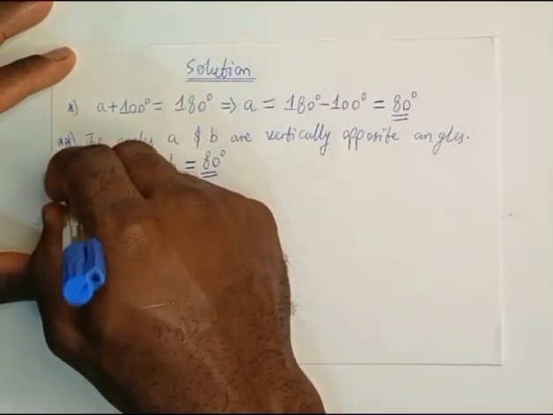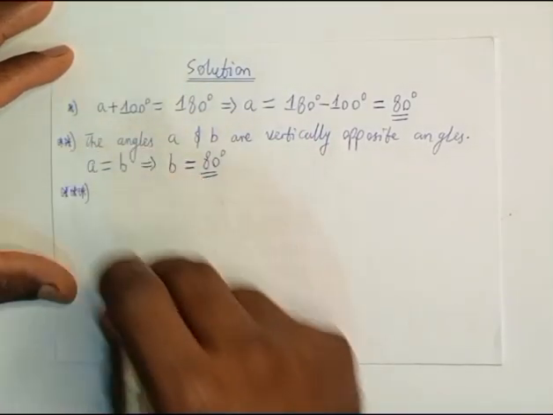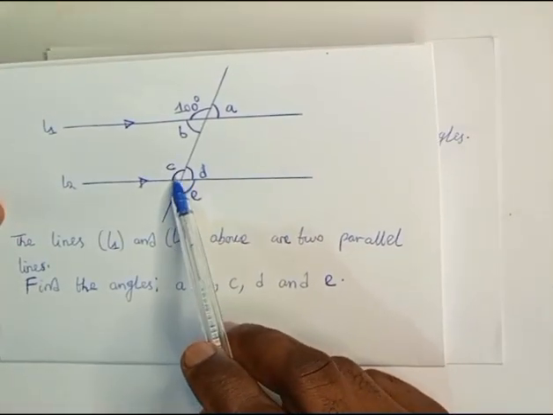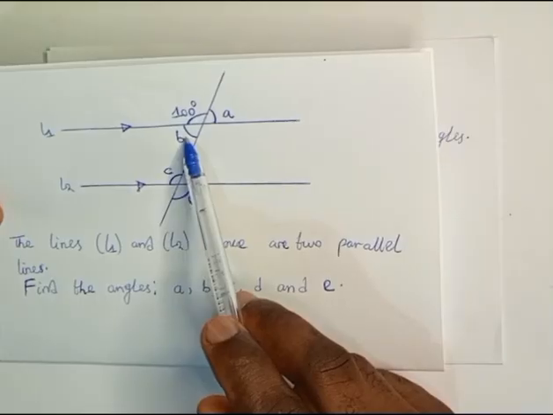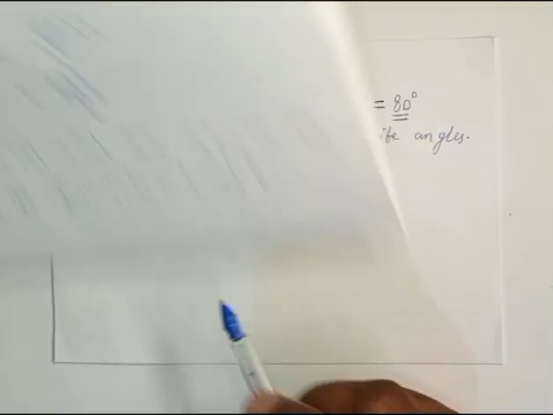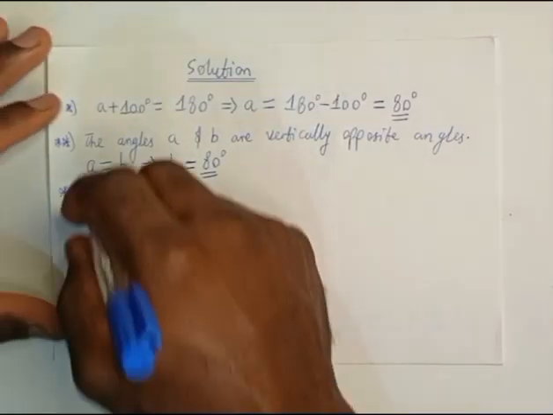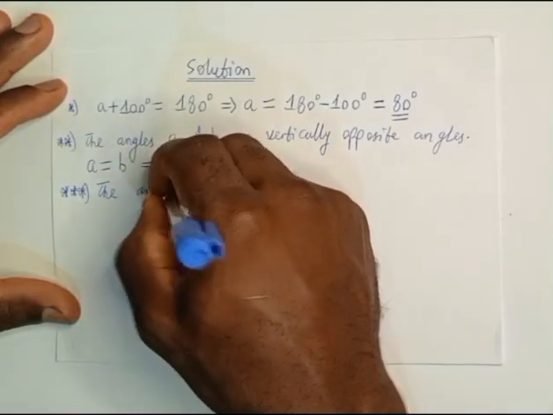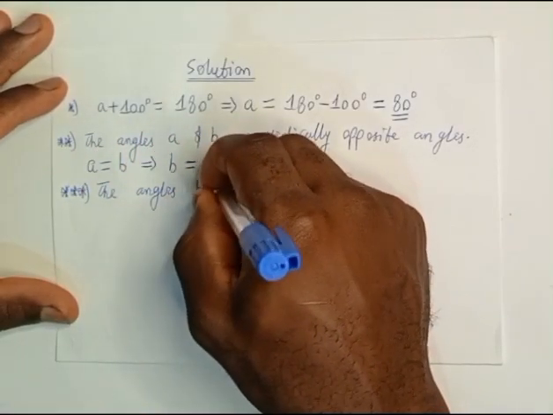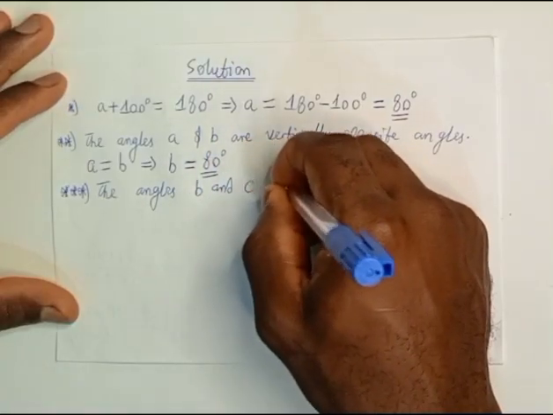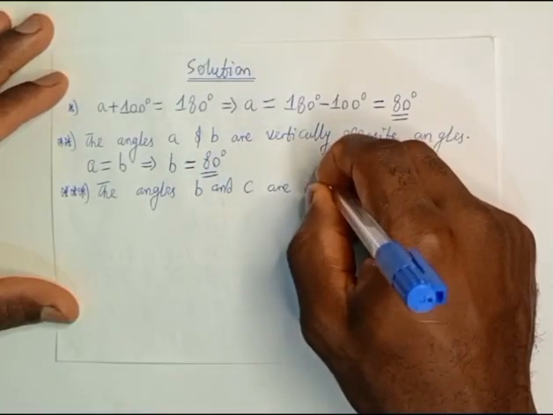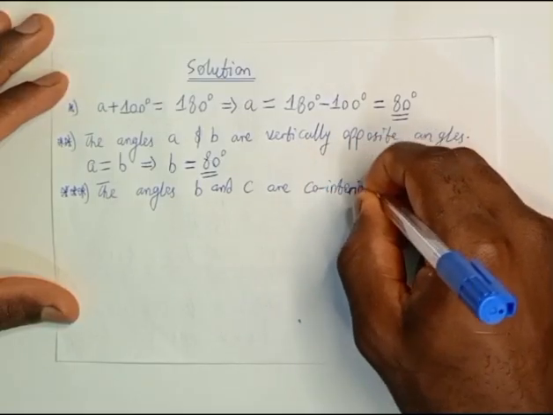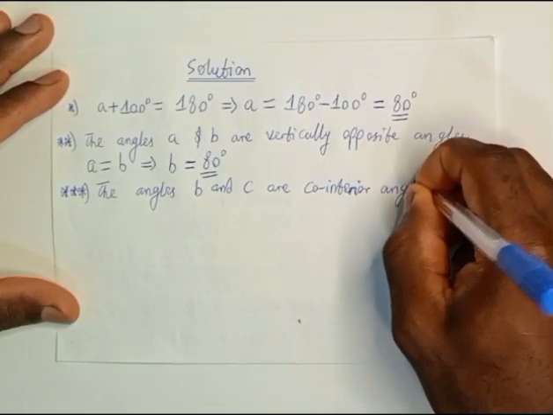We take 3 star. For 3 star, we have to find the angle C. The angles B and C are co-interior angles.